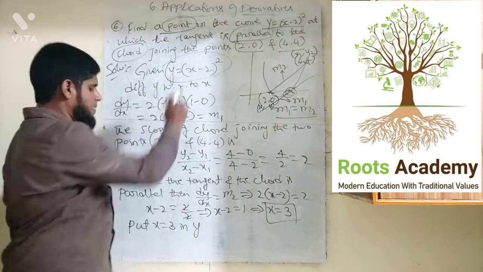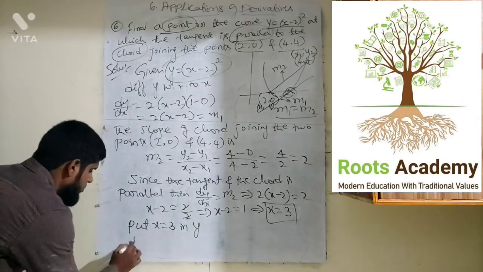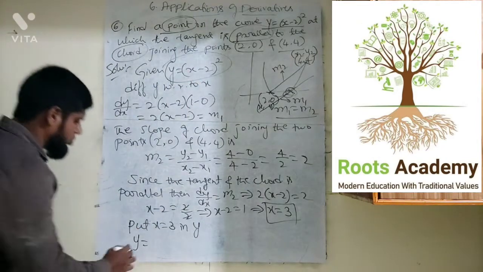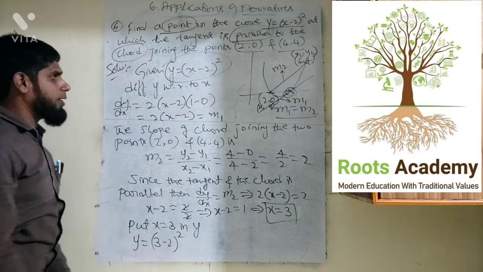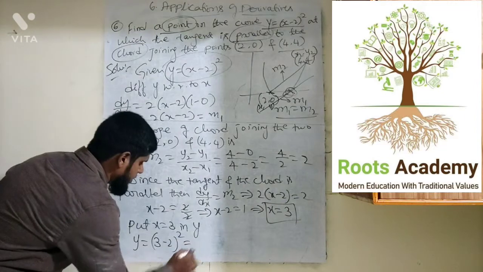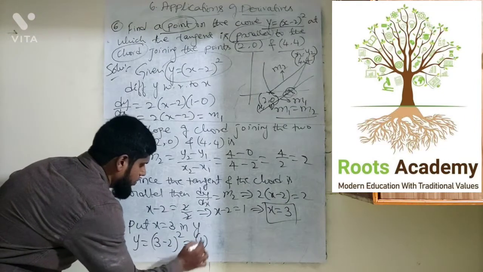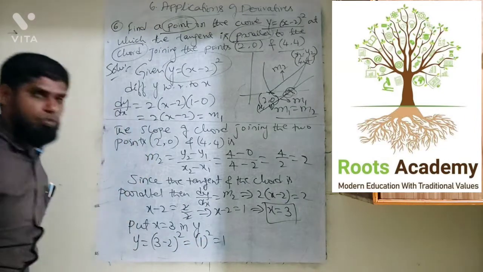So y is equal to (3 minus 2) whole square, that is equal to 1 whole square, that is equal to 1.